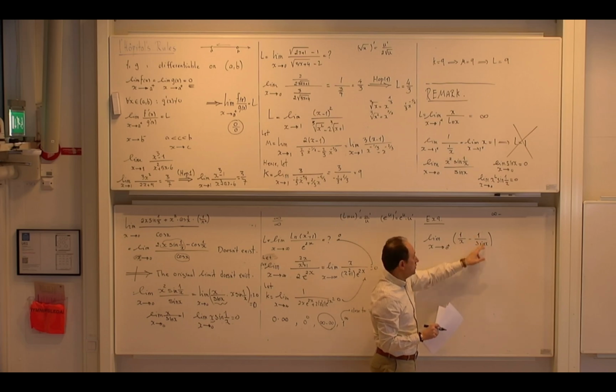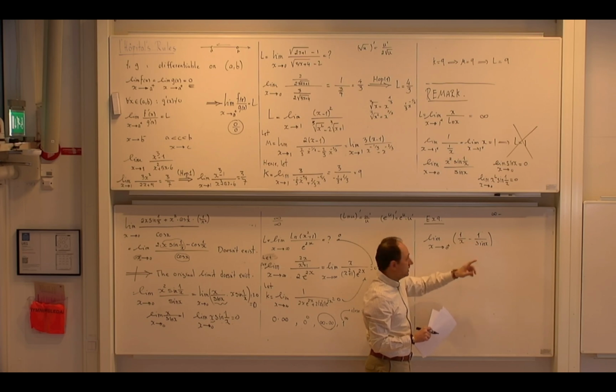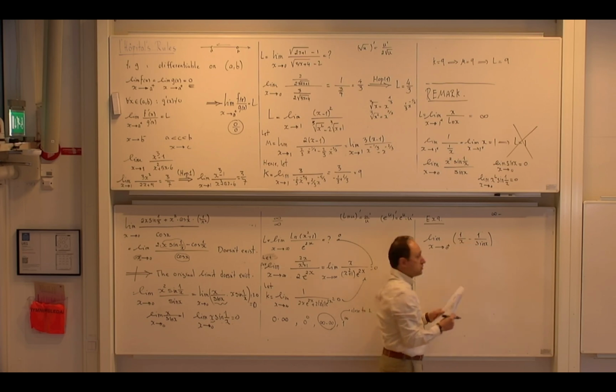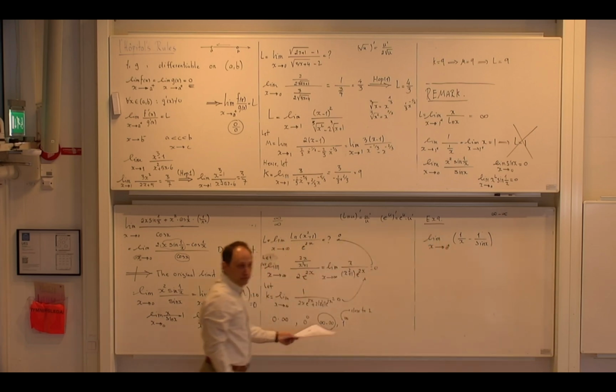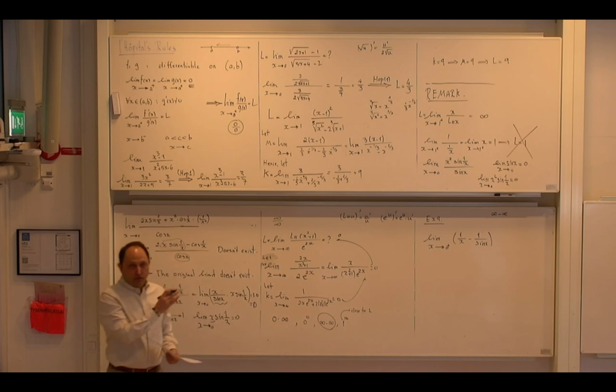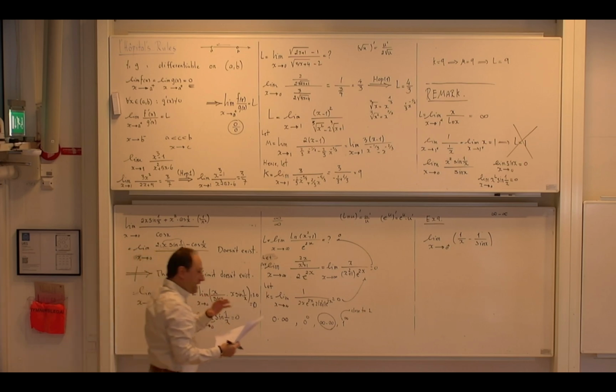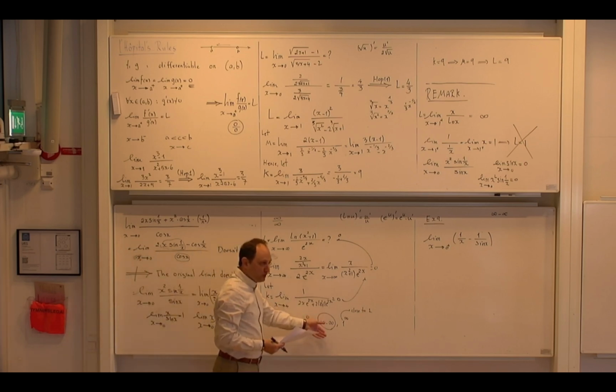So 1 over close to 0 is also infinity, but there is a minus sign here. So it becomes infinity minus infinity, and none of these L'Hôpital's rules are directly applicable. I have to do some algebra to change the form of this to another form.